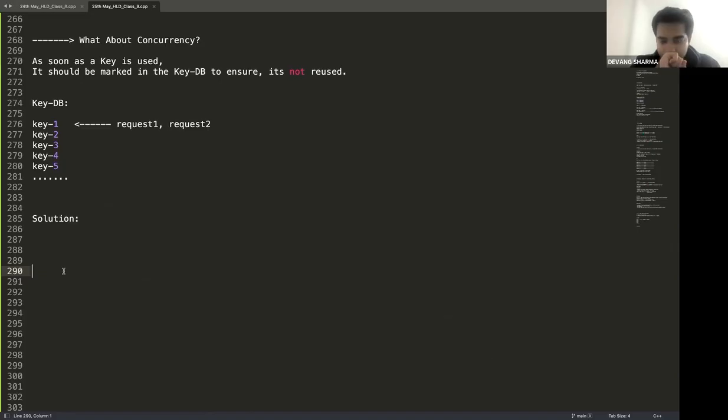Come on guys, anybody? What's the solution for it? Exact same timestamp, that's what I said. Concurrency is when you have the exact same timestamp. Come on guys, quick in the chat, let me know.